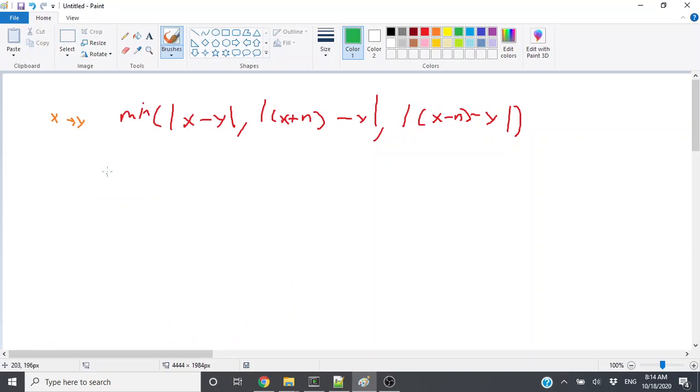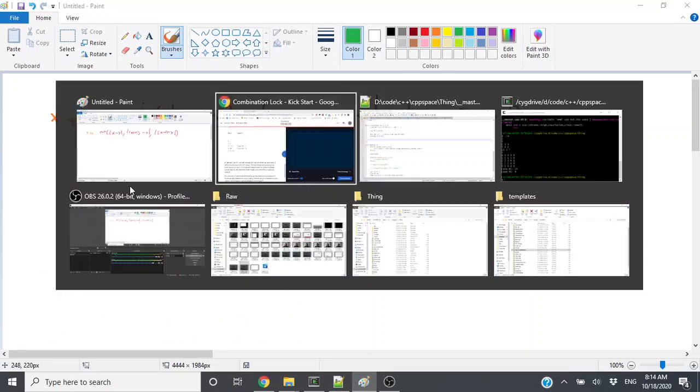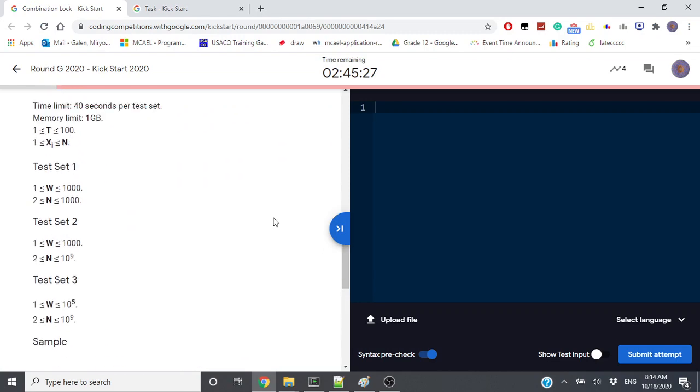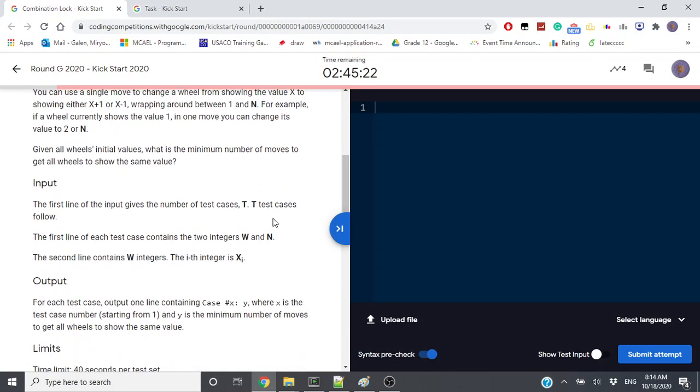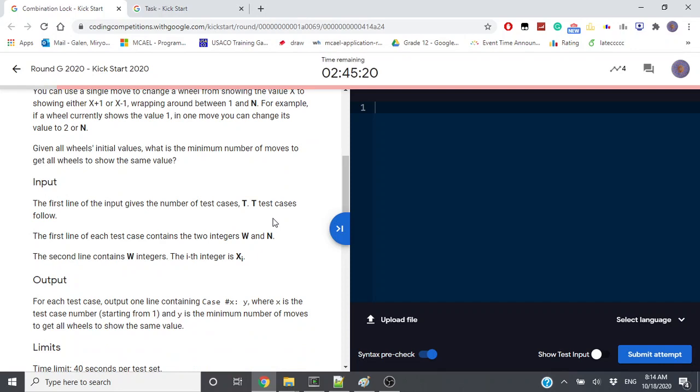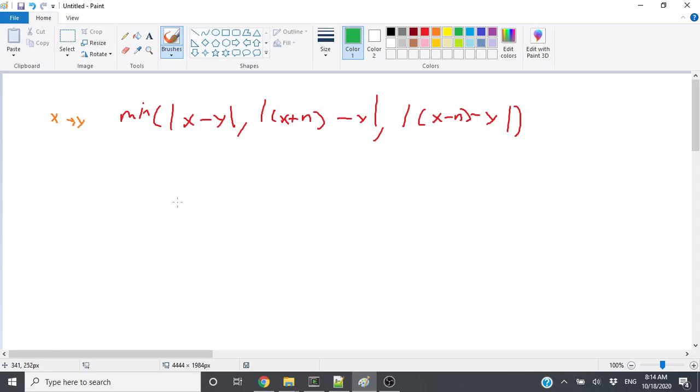So I guess this function is kind of workable. Let's say we figured out what this function looks like. For some values of y, maybe it looks like something like this.